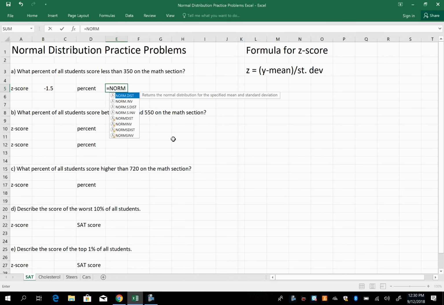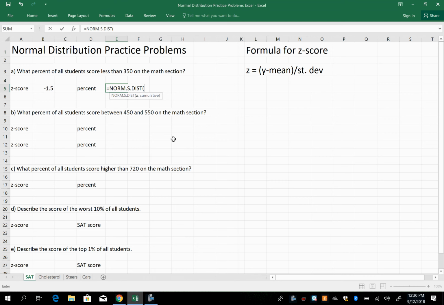So that's norm for normal model. Period, S, period, D-I-S-T. What this is saying to Excel is that this is the normal distribution, and the S means that it's standard. We've already standardized. How did we standardize? We found a z-score. And what was our z-score? Negative 1.5. So open a parenthesis.